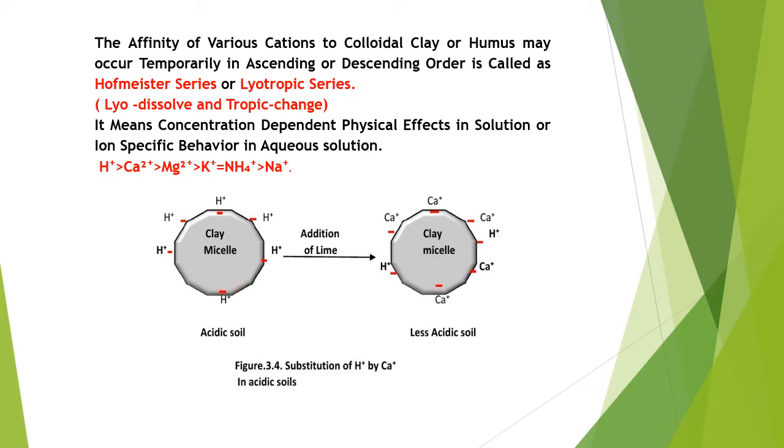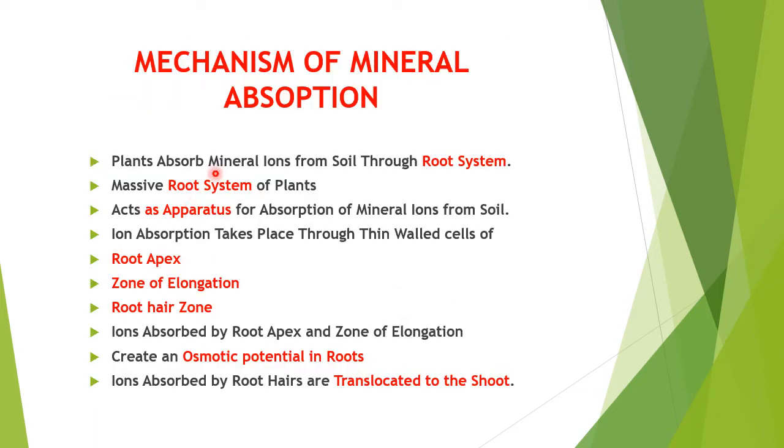What is the mechanism of mineral absorption? Plants absorb mineral ions from soil through the root system. Plants have a massive root system and it acts as an apparatus for absorption of mineral ions from the soil.